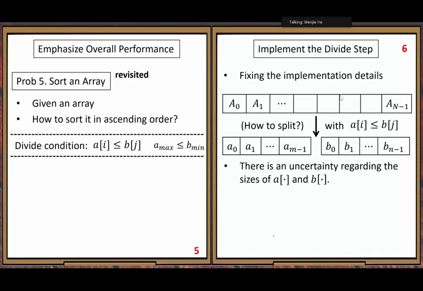So here, let's look at these two subarrays first, the data sizes of these two subarrays. Each subarray has a certain data size, right? Here you can see we don't know the data sizes of these two subarrays. So there is some uncertainty regarding their sizes. How to make it certain?